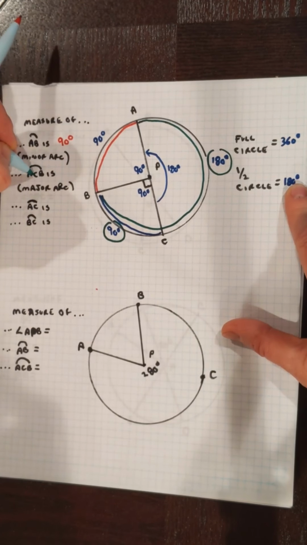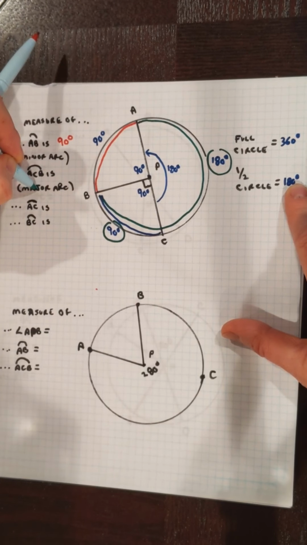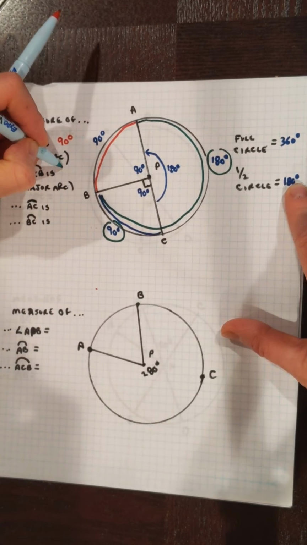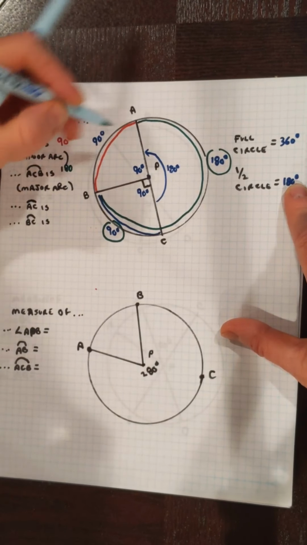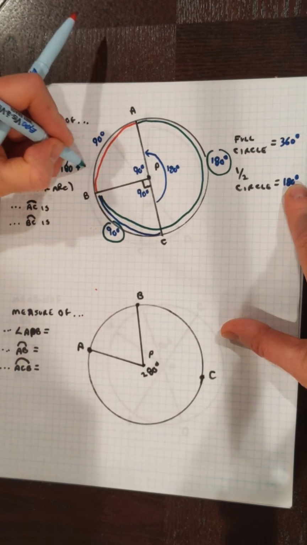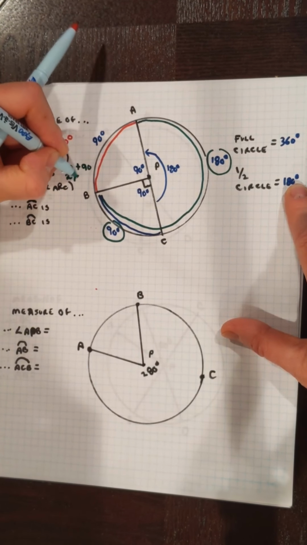So arc ACB, which is a major arc because it's longer than 180 and less than 360, is 180 plus your 90, which gives you 270 degrees.